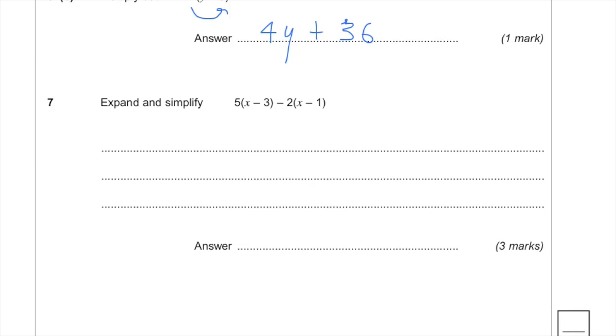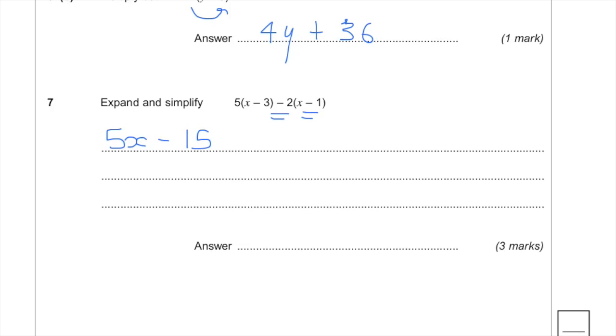Question 7, expand and simplify 5 bracket x minus 3 take away 2 bracket x take away 1. The thing to be really careful about here is the fact that there is a minus multiplied by a minus in the second bracket here. So expanding the first bracket is simple, 5x take away 15.